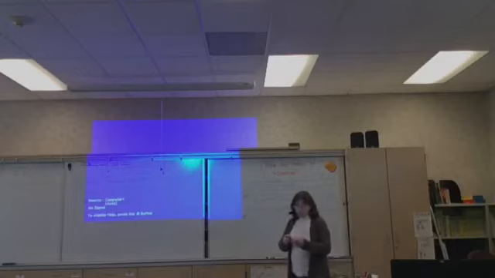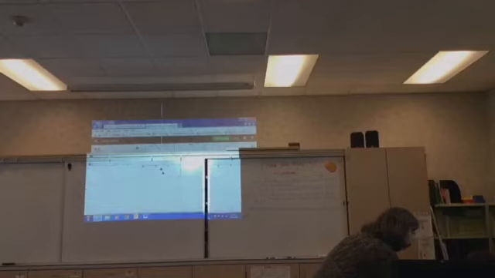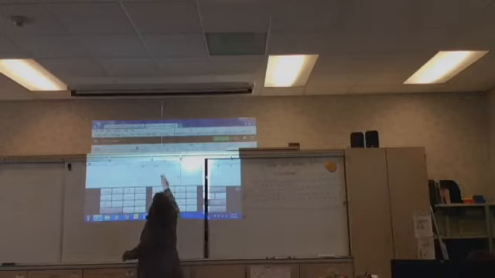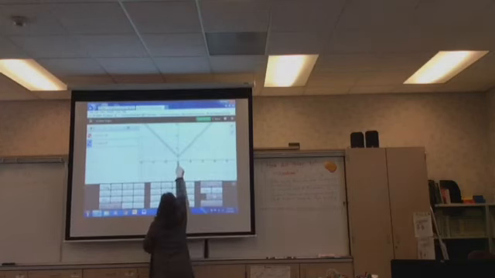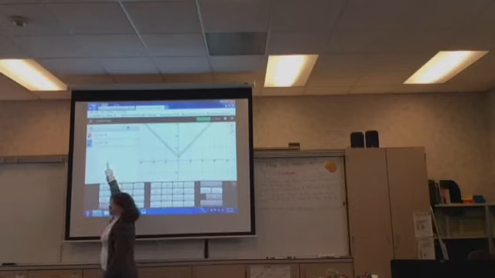When I pull this down so you can see, this time the turning point moved up and down the y-axis, and the constant value, the 4 and the 7, is outside of the absolute value sign.